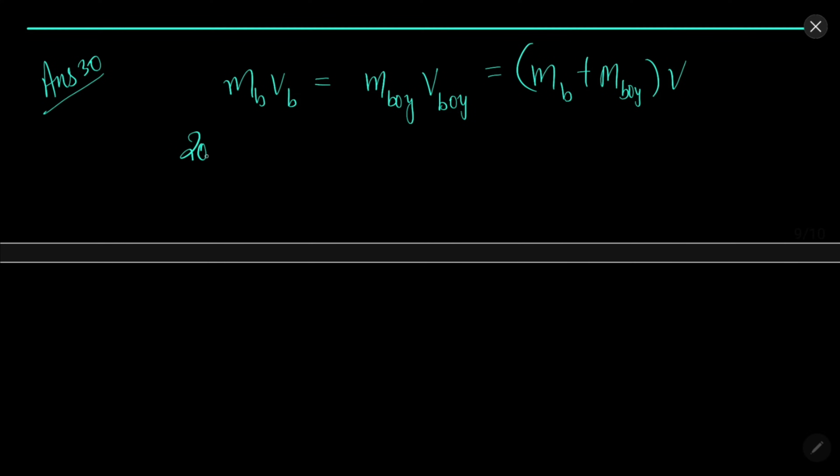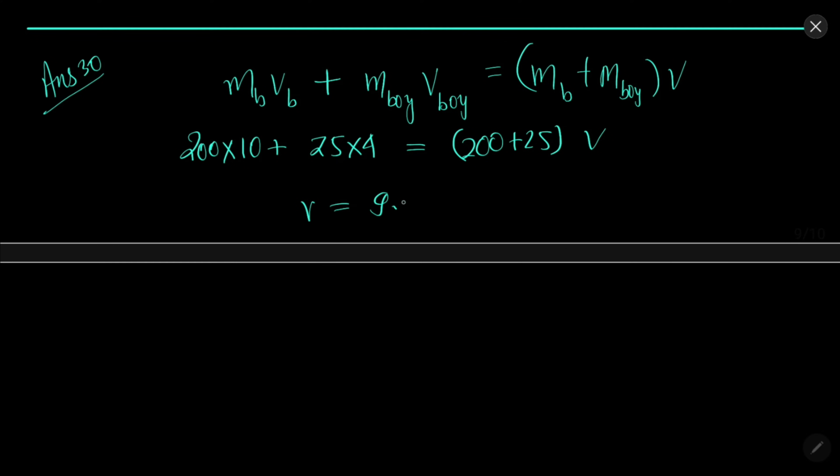So 200 into 10 plus 25 into 4 equals 200 plus 25 into v. So v will come out to be 9.3 meters per second.